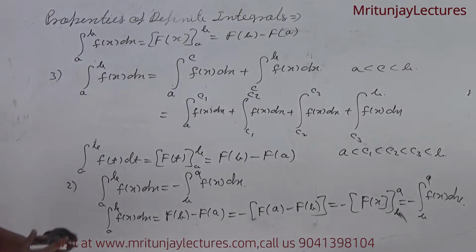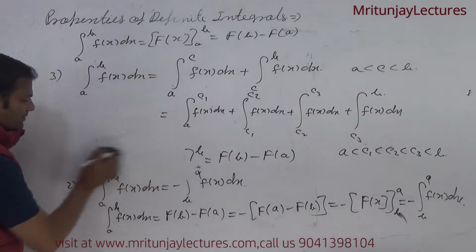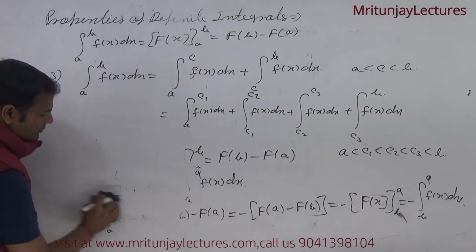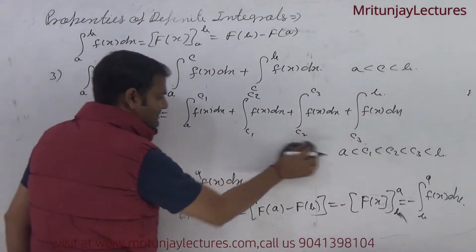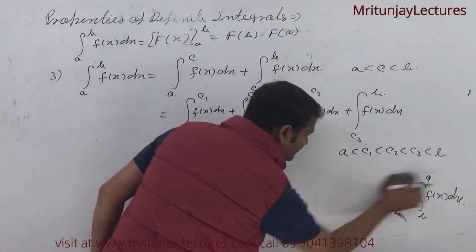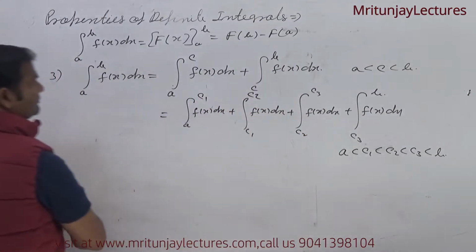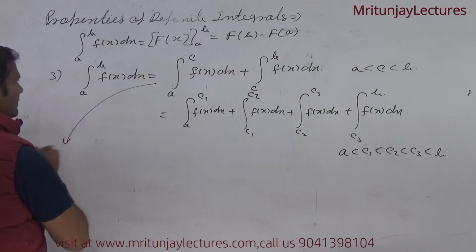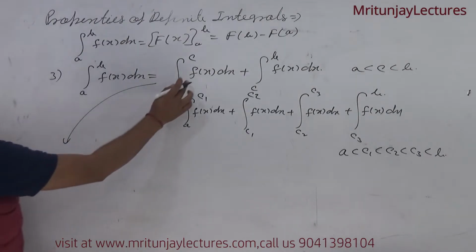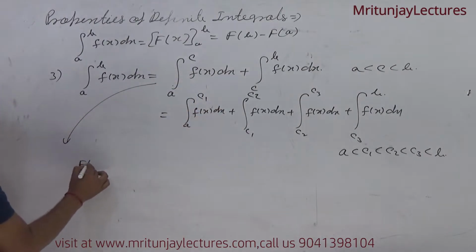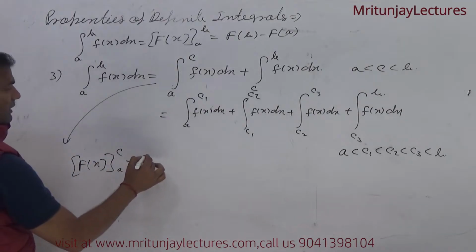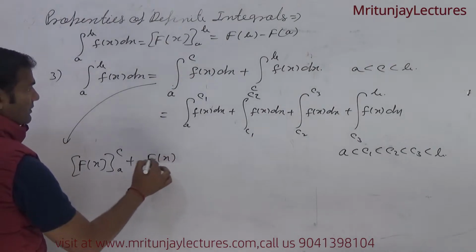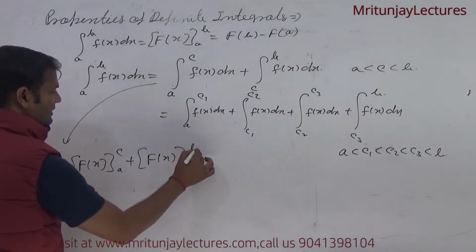How can we prove it? Now from here, the integral of f of x dx is written as F of x from a to c plus F of x from c to b.